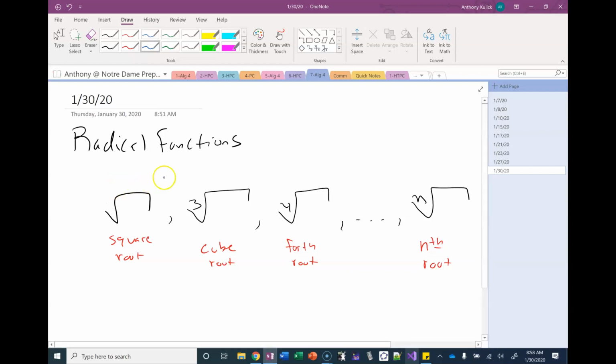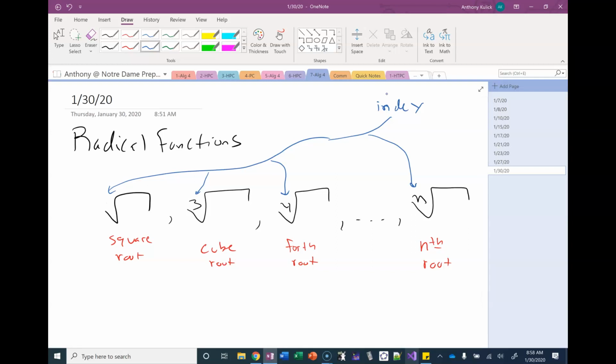So the first piece of vocab here is these numbers that are in the check mark part of our radical. These numbers are called the index. Notice on the square root, we didn't write any number in that little check mark part of the symbol.